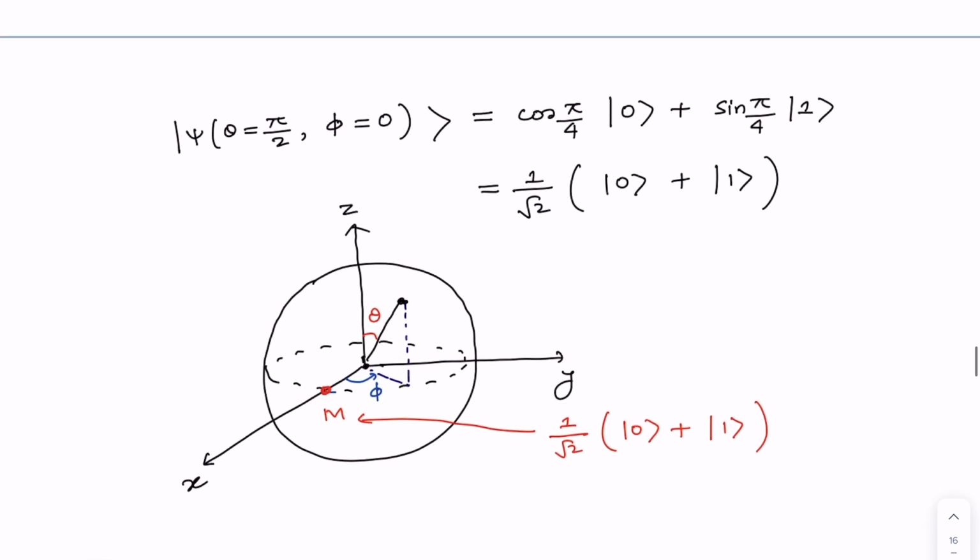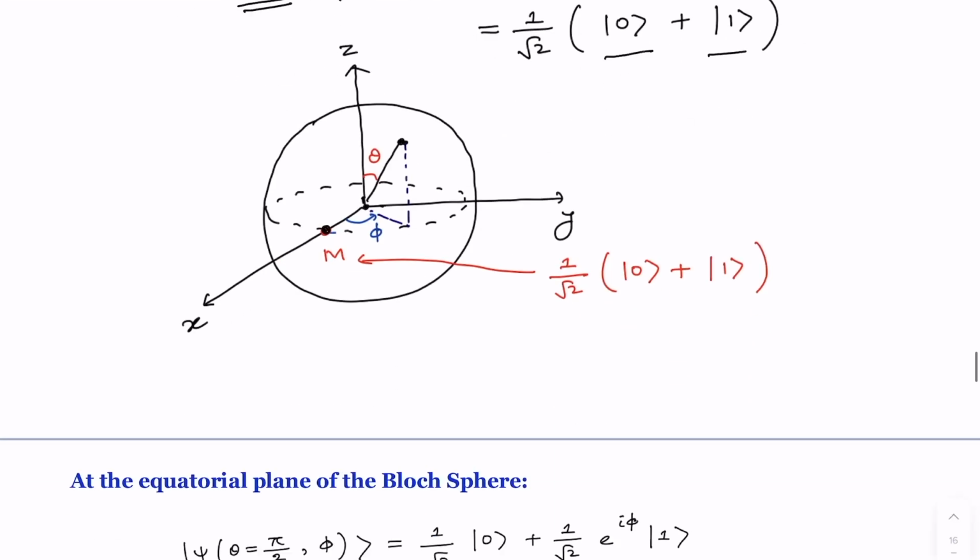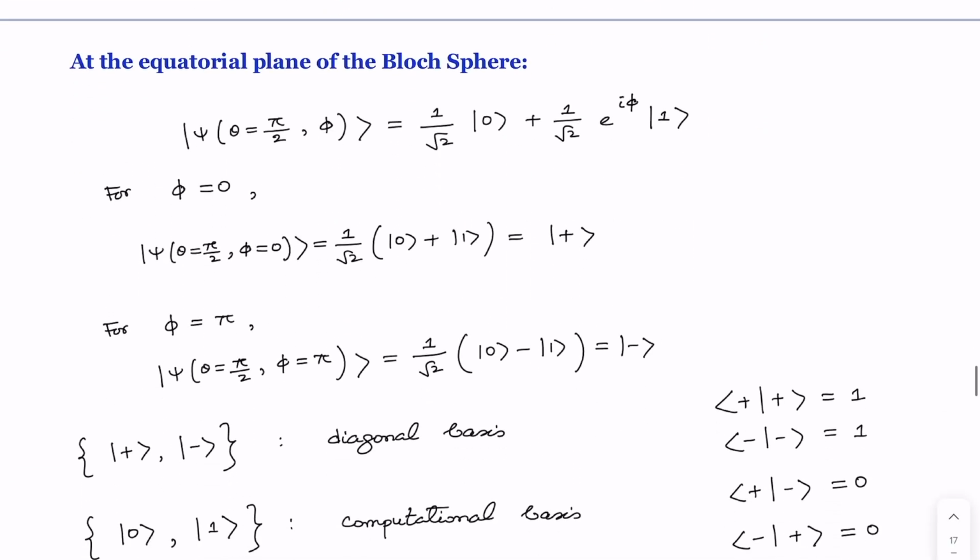Another important state is the equal superposition of |0⟩ and |1⟩, which corresponds to theta equal to pi by 2 and phi equal to 0. For example, this particular point M in this picture represents the equal superposition of |0⟩ and |1⟩. This is also known as one of the diagonal states. And at the equatorial plane of the Bloch sphere, I think all these things we have discussed earlier.